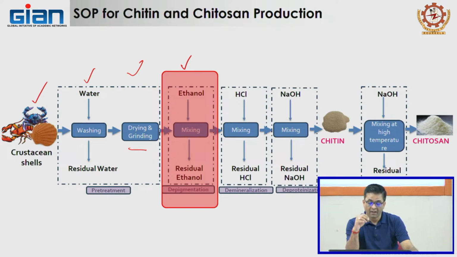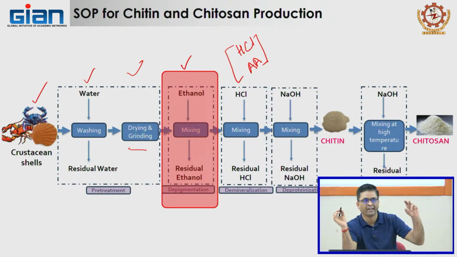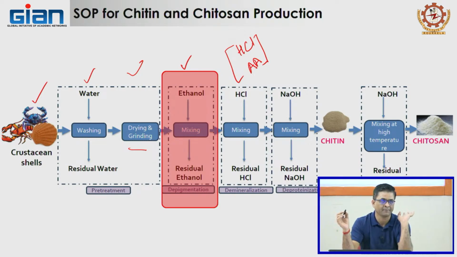Then what was done: you dissolved in hydrochloric acid, and what other acid was used? Acetic acid. How many of you have added an egg directly to vinegar? If you add a whole egg into vinegar and leave it for 24 hours, you will see the shell is gone, because shell contains calcium carbonate. When it comes in contact with HCl, you would have seen some bubbles forming.